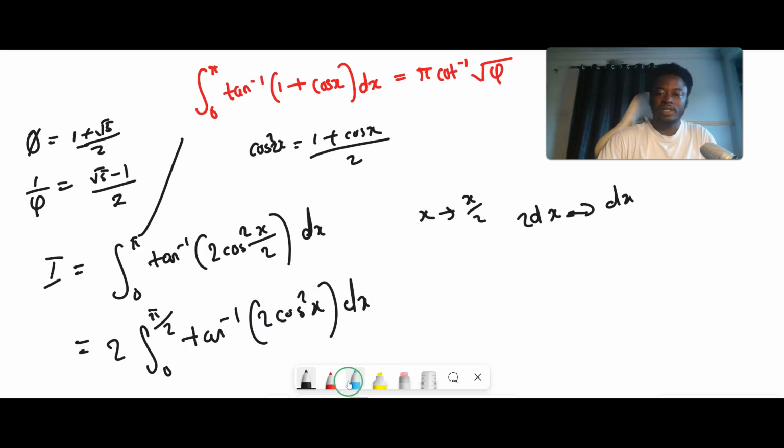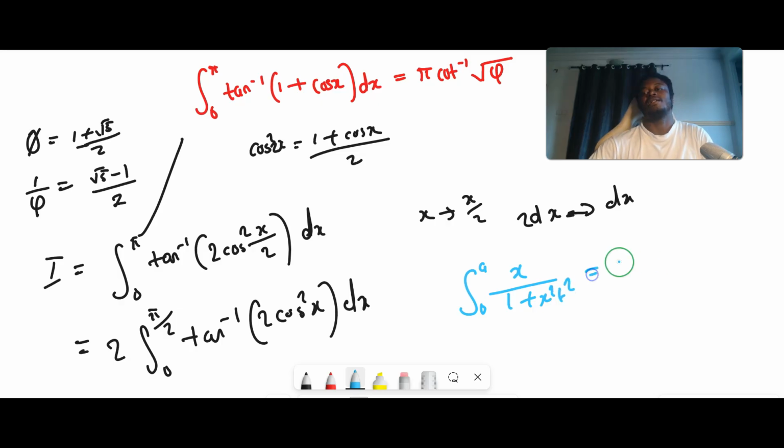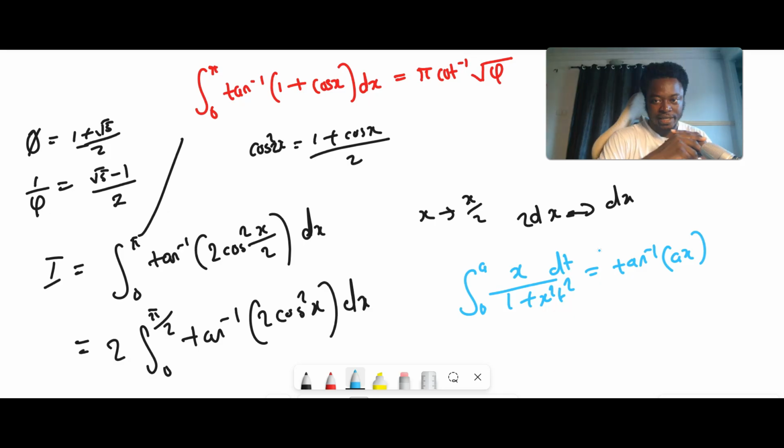Now we're going to use this beautiful formula, which is that the integral from 0 to a of x over 1 plus x squared t squared dt is tan inverse of ax. So tan inverse of ax is the integral from 0 to a of x over 1 plus x squared t squared dt.